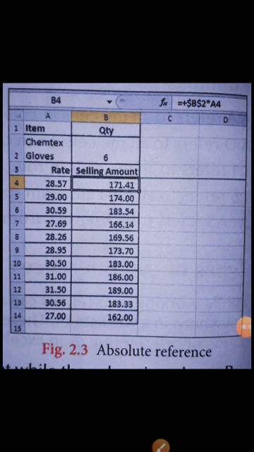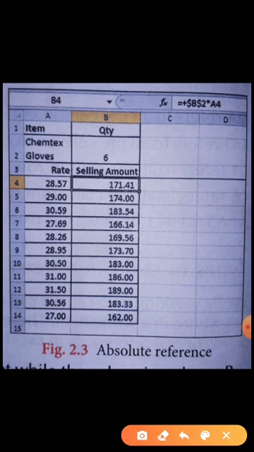Here students, you can see this is a screen of the absolute reference that I am showing you so that you can understand in a better way. Now in this example given in figure 2.3, we want to calculate the selling amount of 6 Camitex gloves at different rates typed in column A. Here in column A are the different glove rates, and in column B is the selling amount at a different rate, but the quantity of gloves is constant.